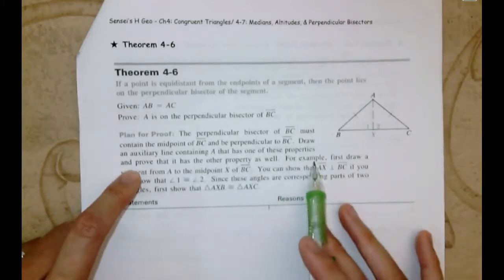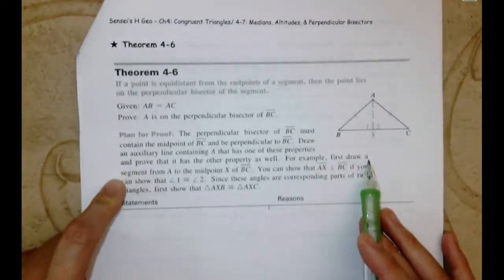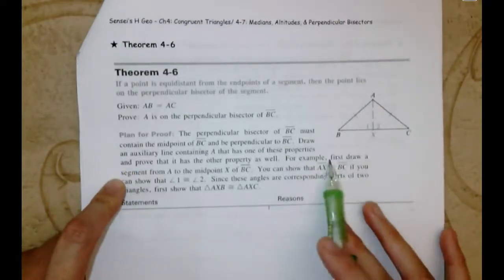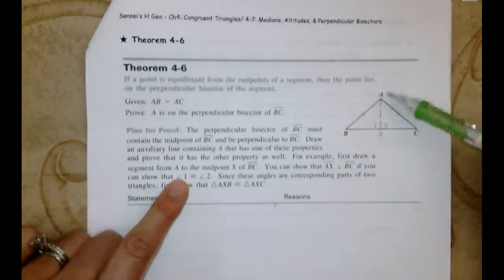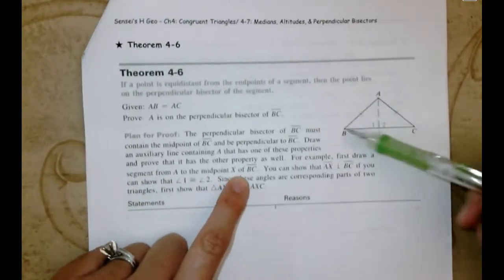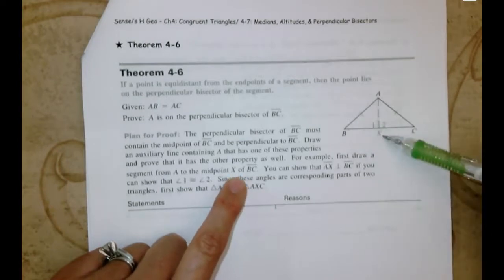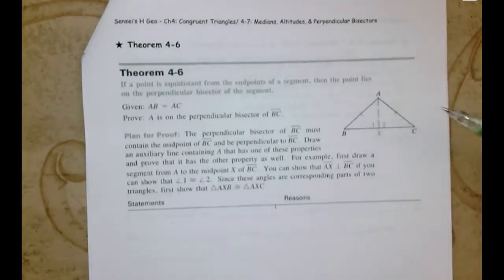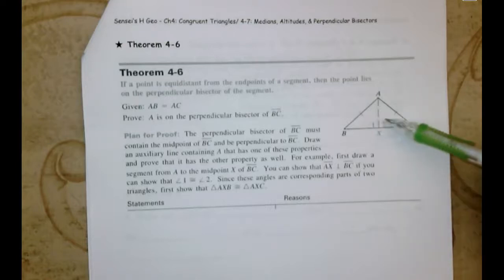Okay, so for example, first draw a segment from A to the midpoint X of BC. Then you can show that AX is perpendicular to BC, and if you can show that angle 1 is angle 2, since these angles are corresponding parts of two triangles, first show that the triangles are congruent.